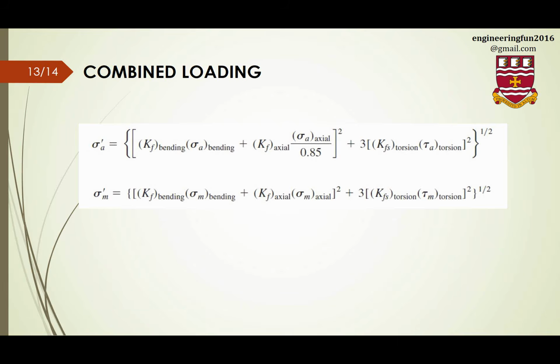Sometimes we have a combination of loading on a specimen. In those cases, instead of finding sigma A and sigma m, we need to define sigma A prime and sigma m prime.